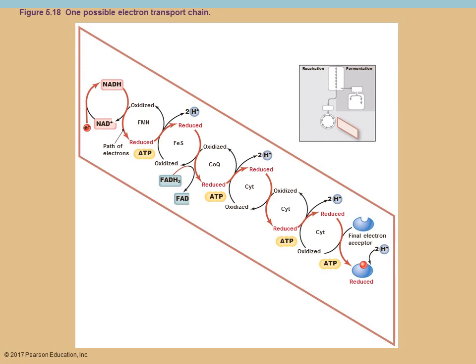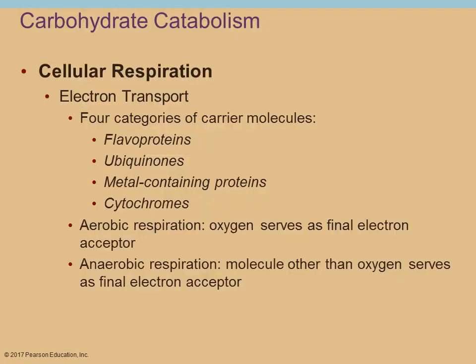And that is true when you look at this. So NADH drops off its pair of electrons, and as you can see, it's going to pass those electrons from one molecule to a next, until finally the final electron acceptor is going to receive that pair of electrons, and then that stops the process. So there's different types of carrier molecules.